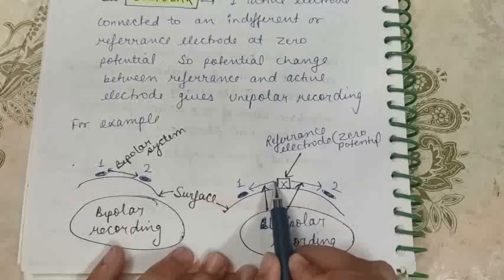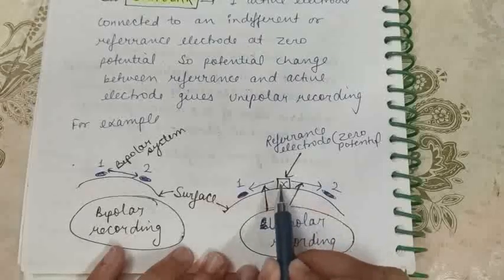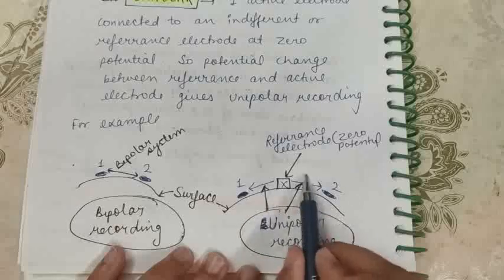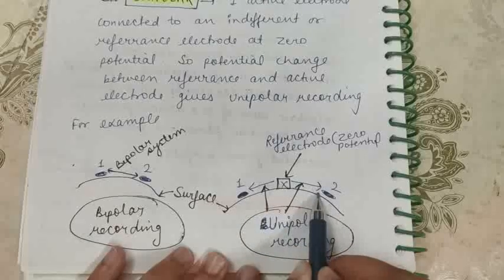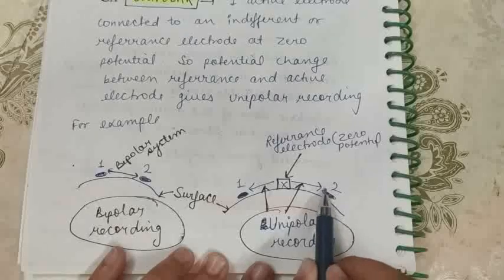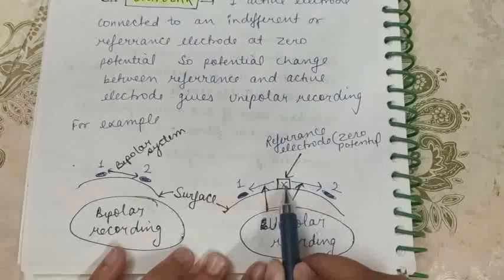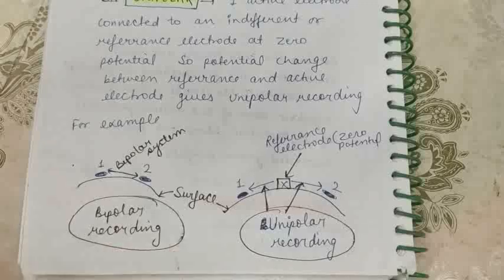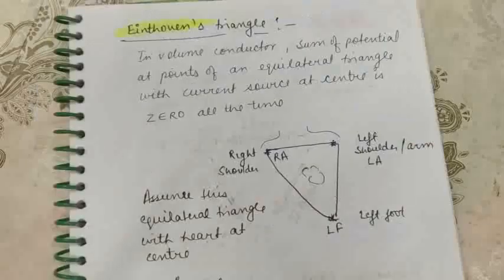So this is a separate recording, and this is a separate recording, and we call them two unipolar recordings, right? So unipolar recording is when the potential change is measured between one active and one reference electrode. Okay, so this is unipolar recording.